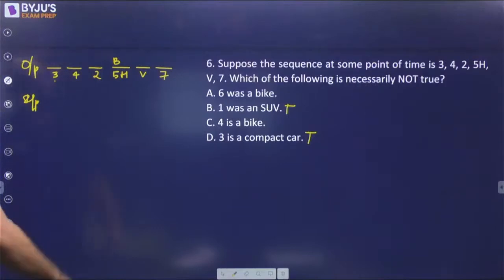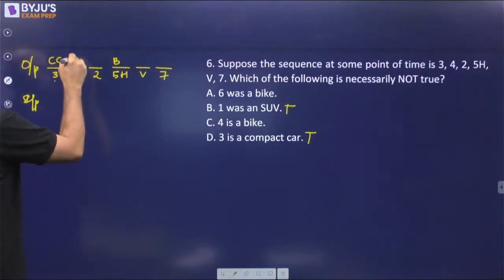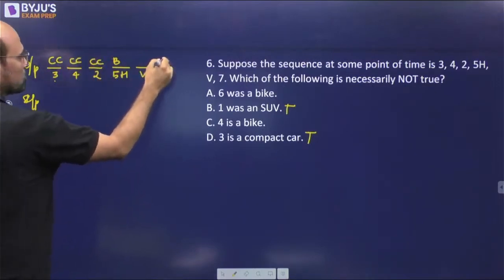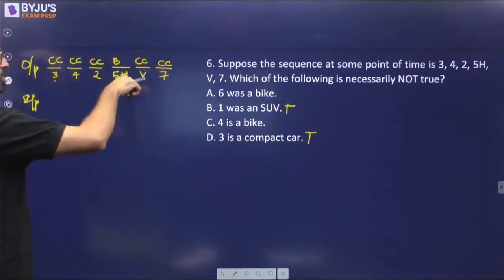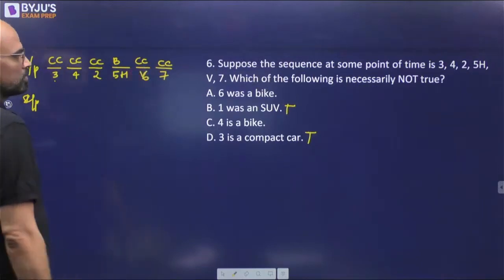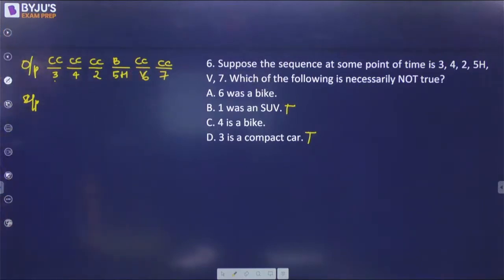Suppose if 6 was a bike, suppose this is compact car, this is compact car, this is compact car, and suppose this was also a compact car, and this compact car was numbered 6, right? Because that is the latest part, right? So that left. Six left. If 6 leaves, then 6 was a bike was false.